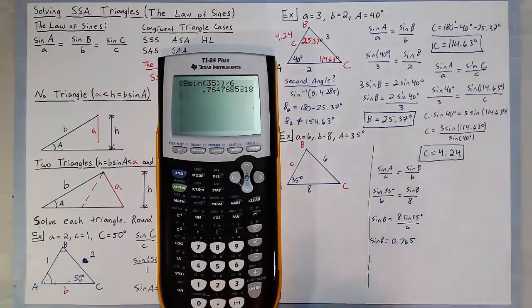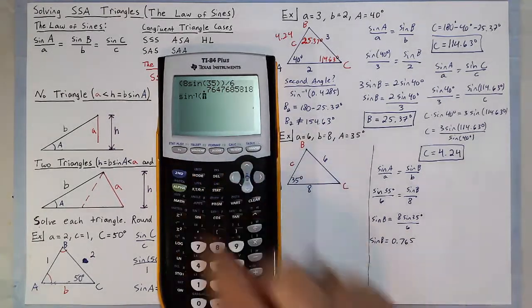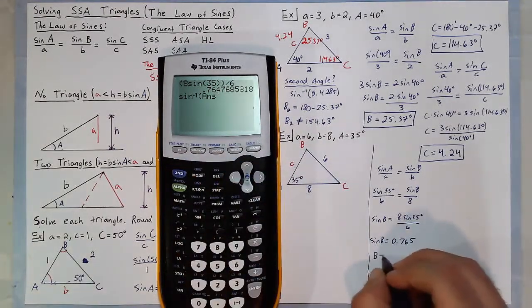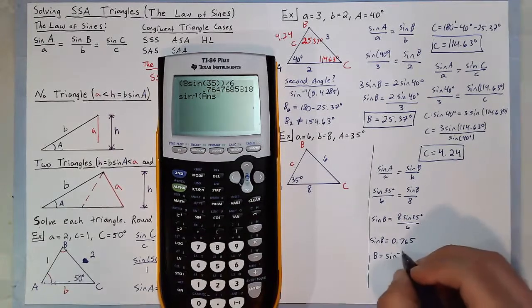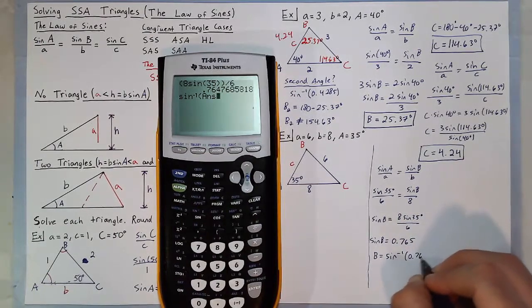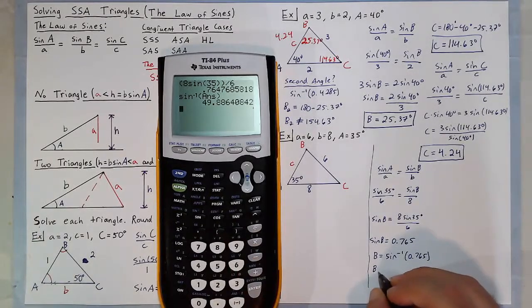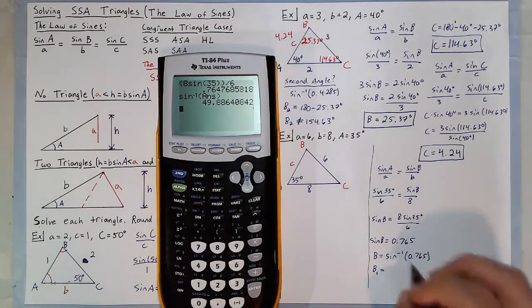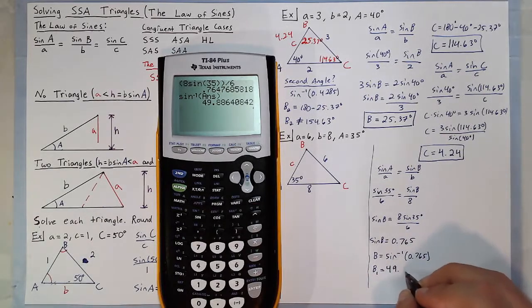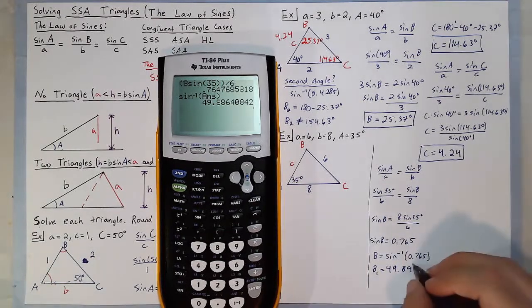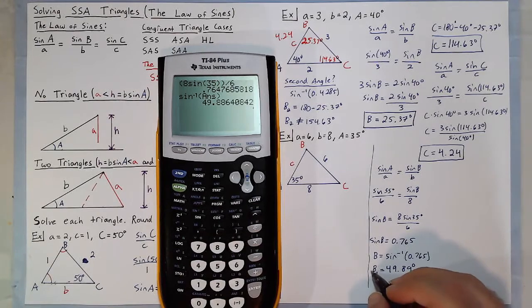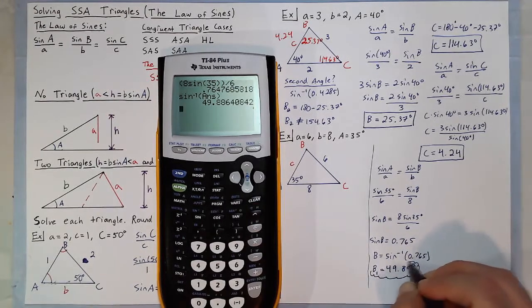And then I'm going to take the sine inverse of that. So B is equal to sine inverse of that number. And it gives me B is equal to 49.886. So I'll put 49.89 degrees. So that's one possible triangle.